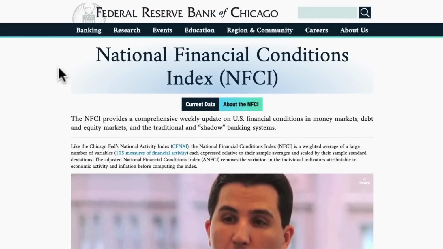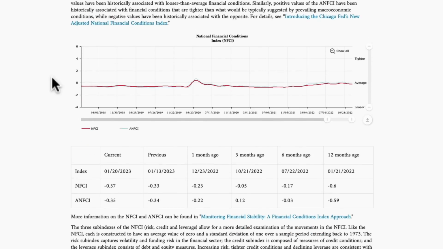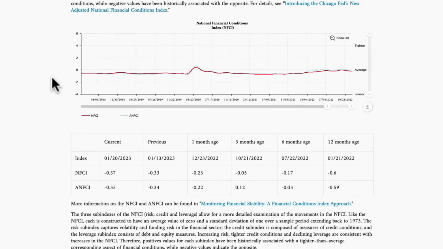This is the Federal Reserve Bank of Chicago, the National Financial Conditions Index. Really interesting thing going on here. It kind of looks like just a flat line with a little blip in there. But look at the current, this is the Financial Conditions Index, negative 0.37, and then the adjusted index.